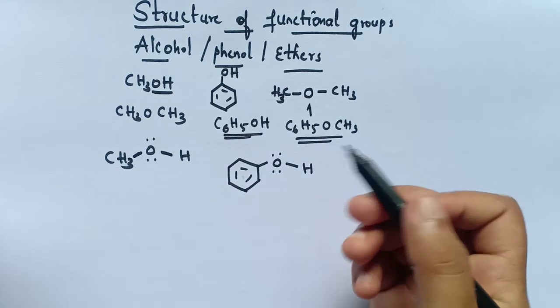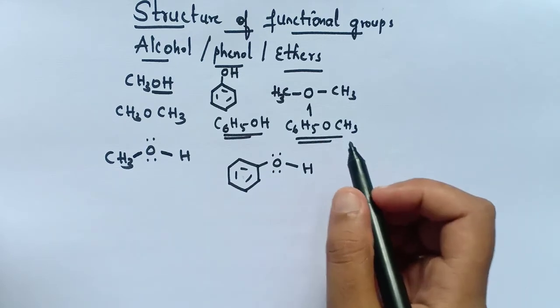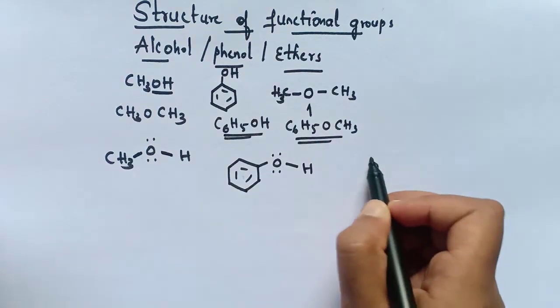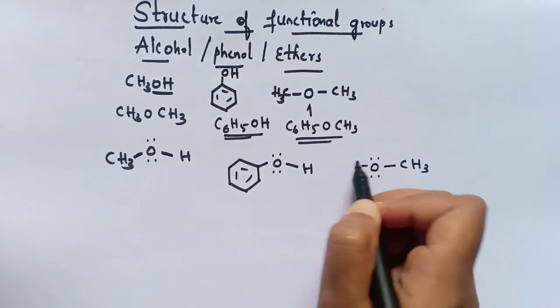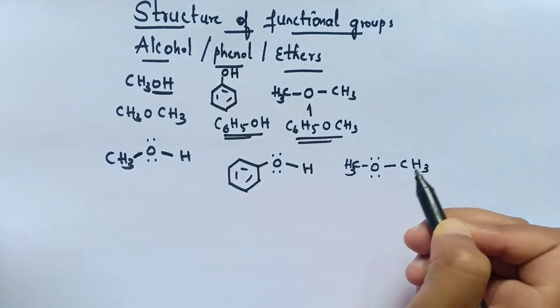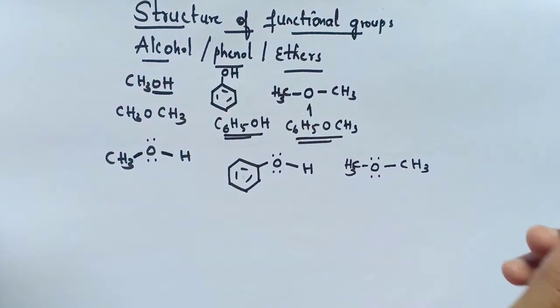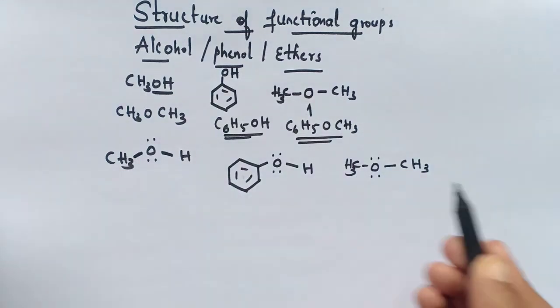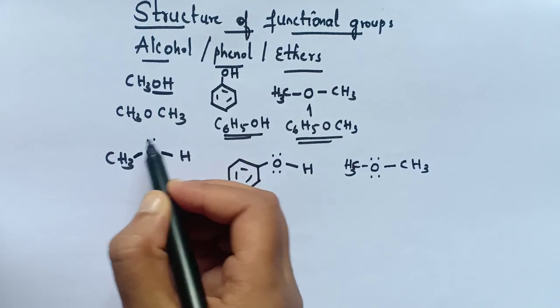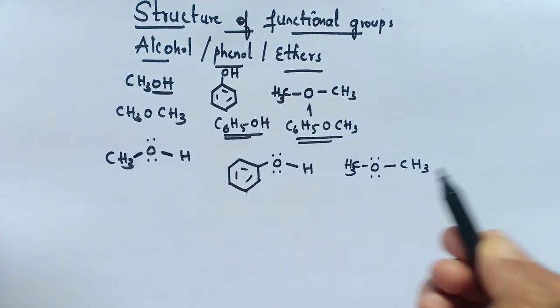Now coming to the ether, I have taken dimethyl ether as an example. So here is the oxygen and here is the CH3, that is, it is dimethyl ether. We can see that in all 3 structures the oxygen is having 2 lone pairs and 2 bond pairs of electrons.